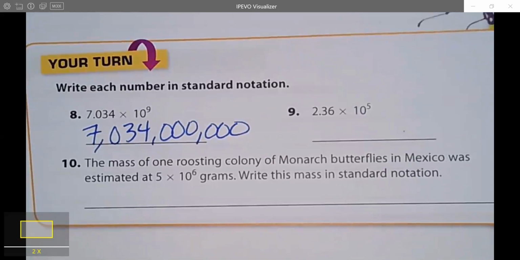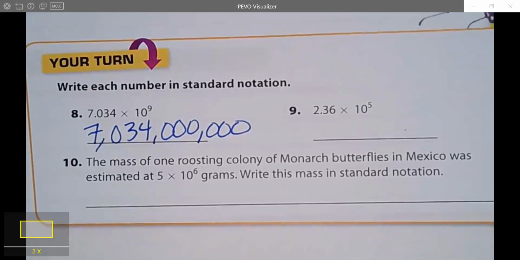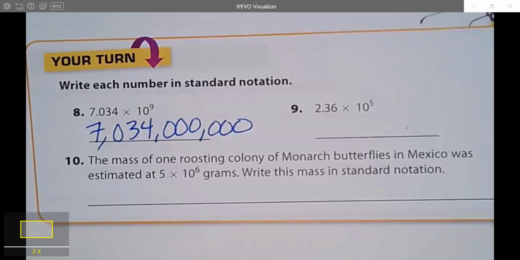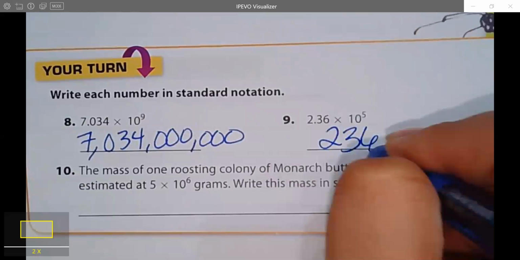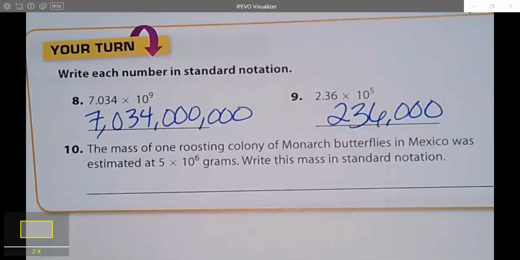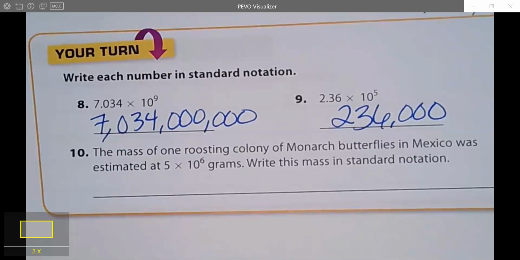Not quite, buddy. Kayla, number 9. Help out Dwayne. 236,000. There it is. 236,000 for number 9. I think you might have put one too many zeros, Dwayne. Just double check that one. I put one more zero. Yeah, just make sure you double check those.